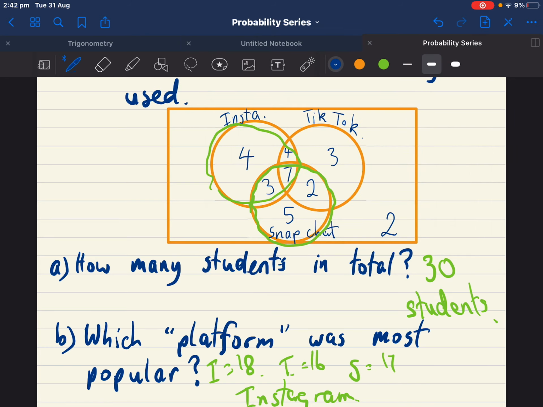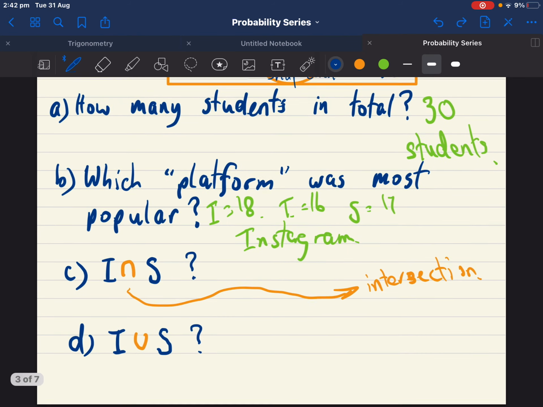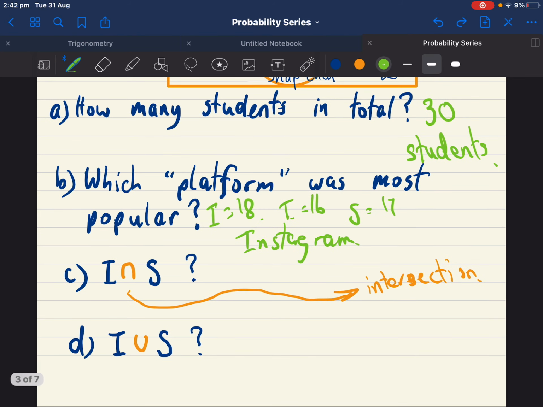Actually, I'll just use blue. It's these students here, right? So what are all the different numbers, the students that belong to the intersection of both the Insta and Snapchat sets? There was 3 and 7. There were, in this case, 10 students in total.